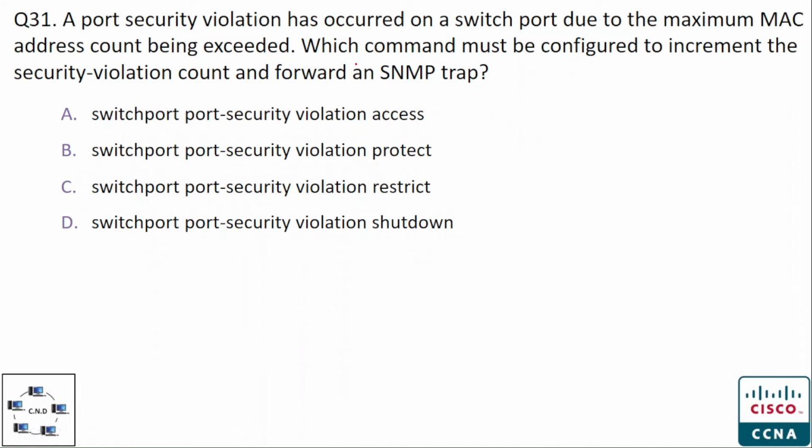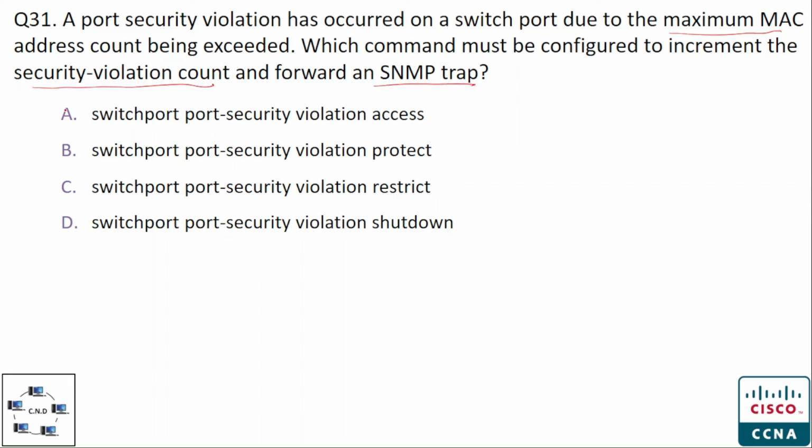Question number 31. A port security violation has occurred on a switch port due to the maximum MAC address count being exceeded. Which command must be configured to increment the security violation count and forward an SNMP trap?